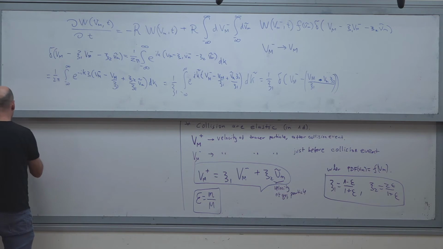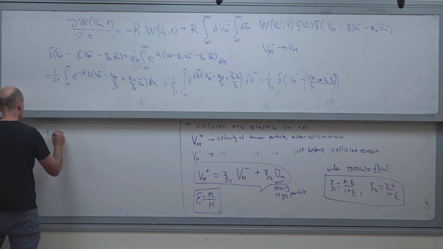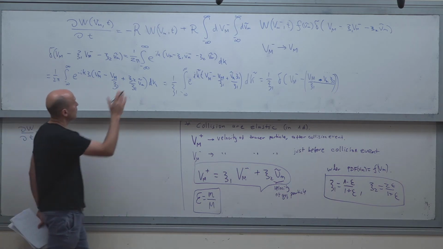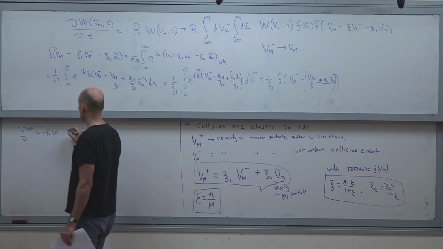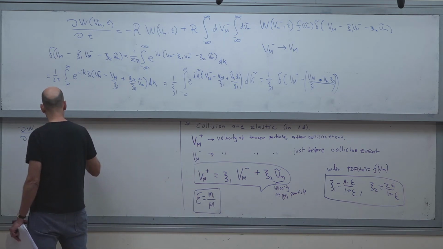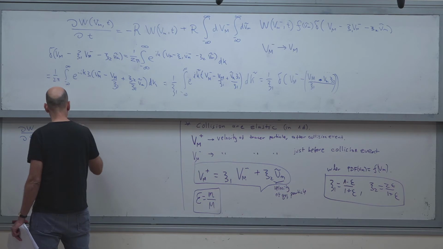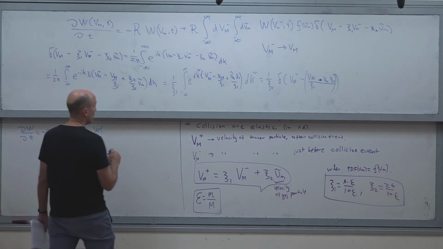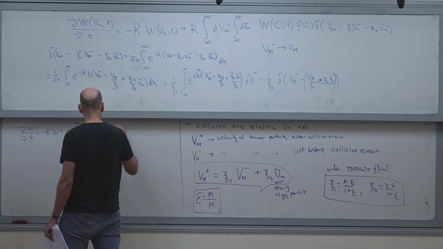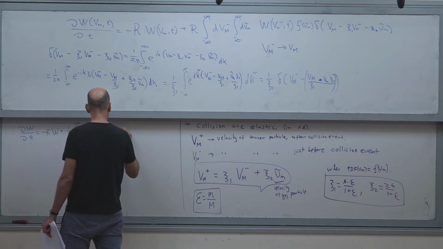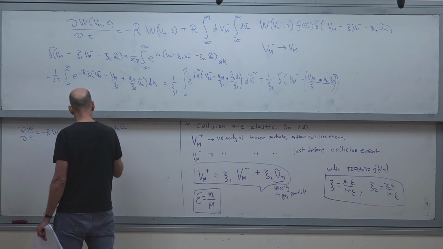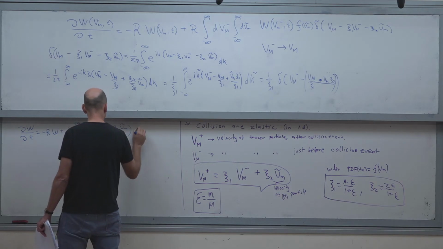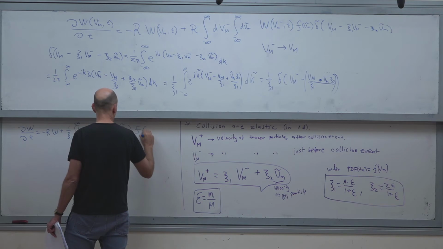So the equation is dw/dt minus r dw, I'm not writing it, of the massive particle, and then I have 1 over psi1 integral from minus infinity to infinity, the velocity of the small particle, w of Vm minus psi2 Vm tilde over psi1, f of Vm.